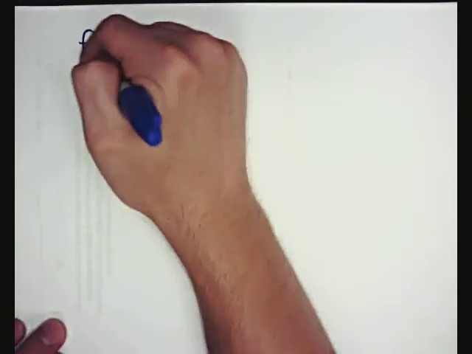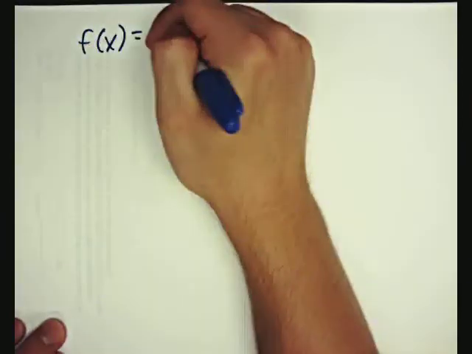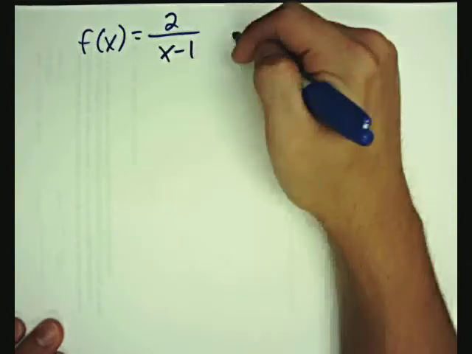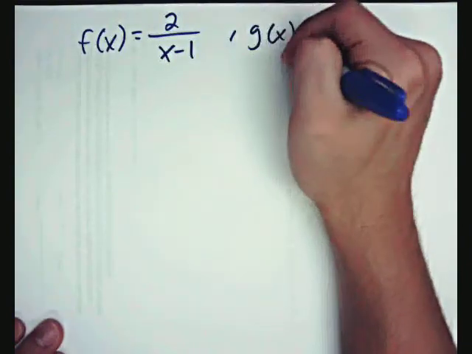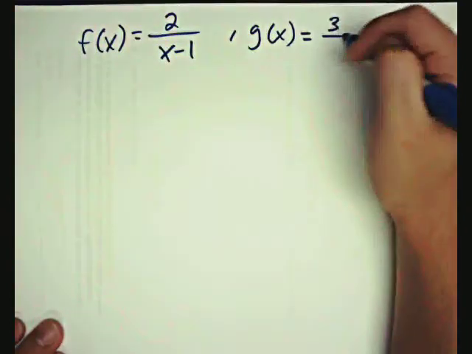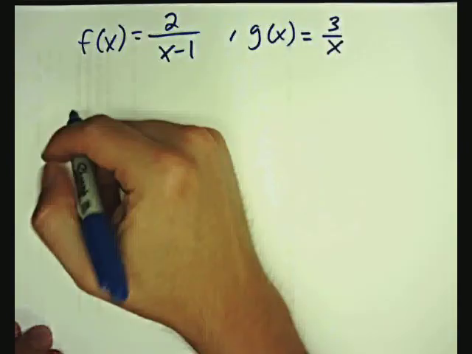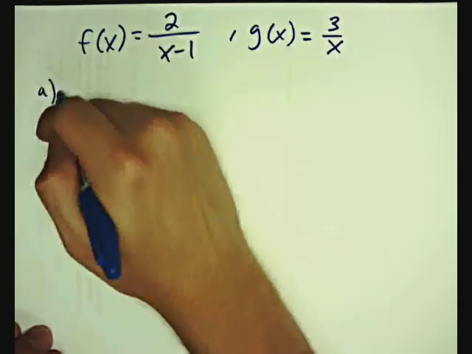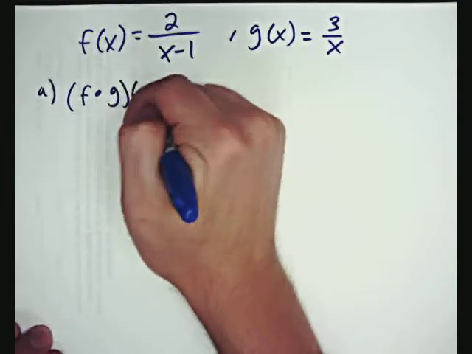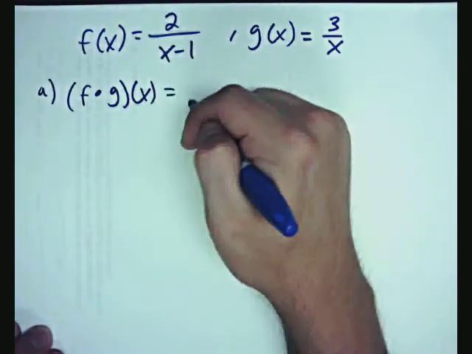Example 5, we have f of x equal to 2 over x minus 1, and g of x equal to 3 over x. In part A, we are asked to find f of g of x and to also state the domain.